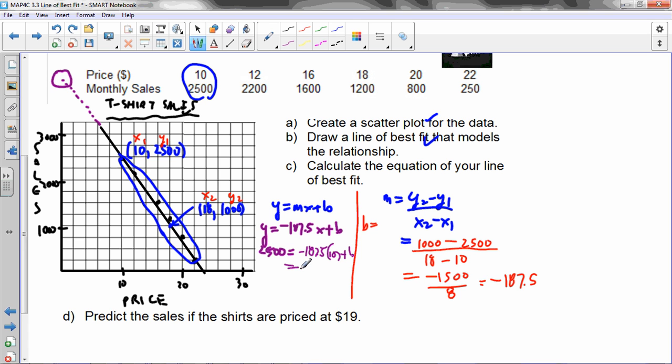That's a nice value. You can do that in my head. Plus b. And then I've got to get rid of that, so I'm going to add it to both sides. Add it to both sides. And that is, on my calculator, 4375.